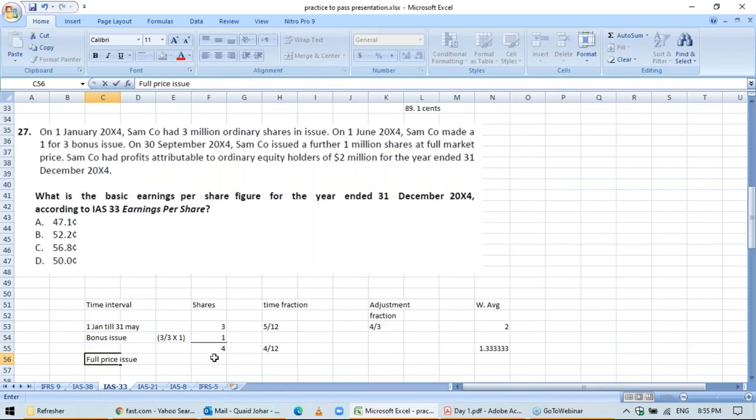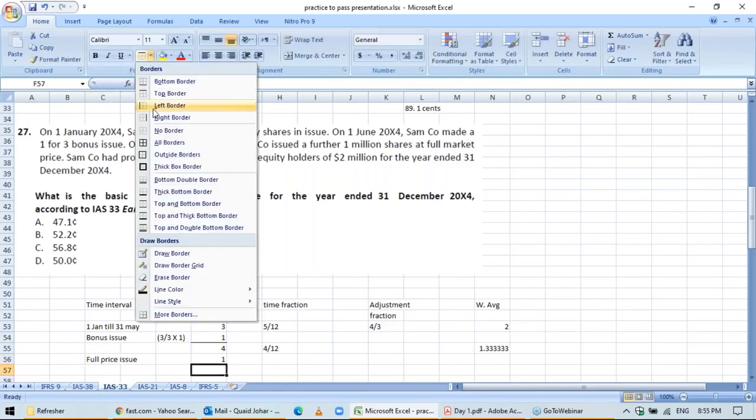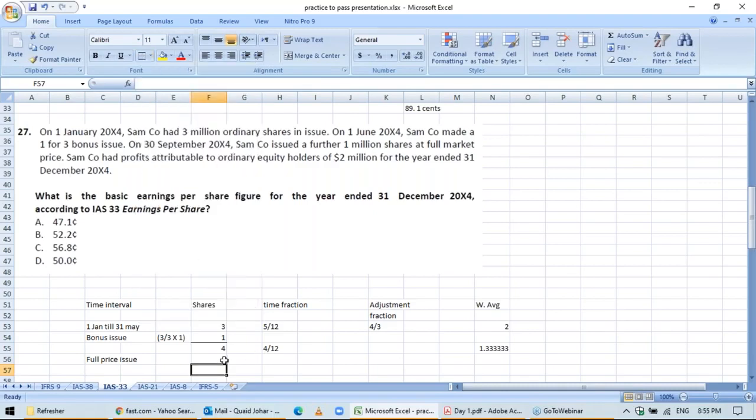The full price issue was also of 1 million shares, and the total shares then summed up to 5 million shares. And these shares were outstanding since 1st of October till 31st of December. Means October, November, and December, 3 months time.